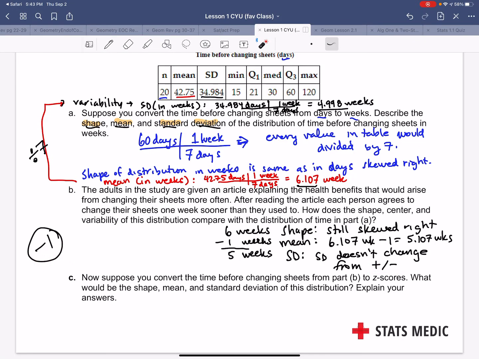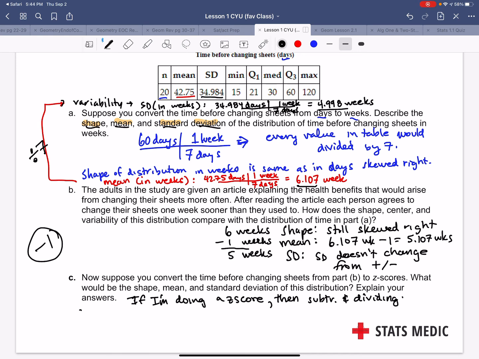Okay, C, it says, now suppose you convert the time between changing sheets from part B to a z-score. What would the shape, the mean, and the standard deviation be? So if I'm doing a z-score, then I'm both subtracting and I'm dividing.